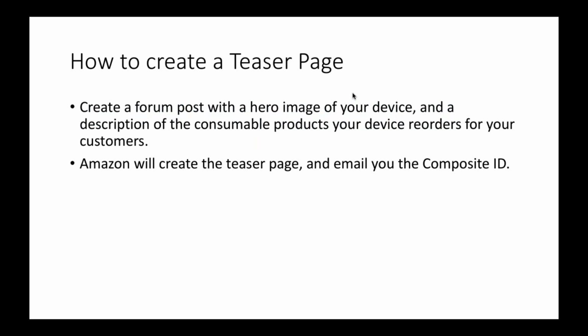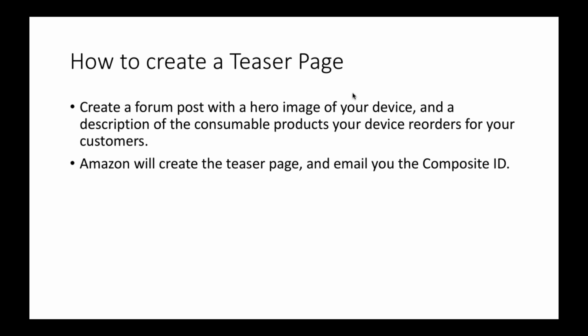Next is the teaser page. The teaser page is a technology that we created to allow you to sort of have a brief Amazon-provided advertisement that describes how DRS works in a sentence. To create your teaser page, we need a hero image of your device and a description of the consumable that your device orders.